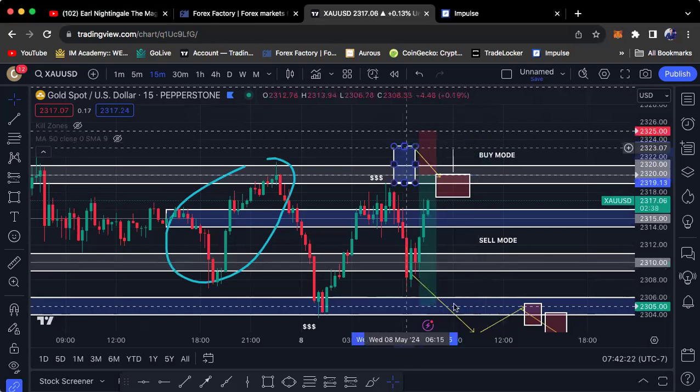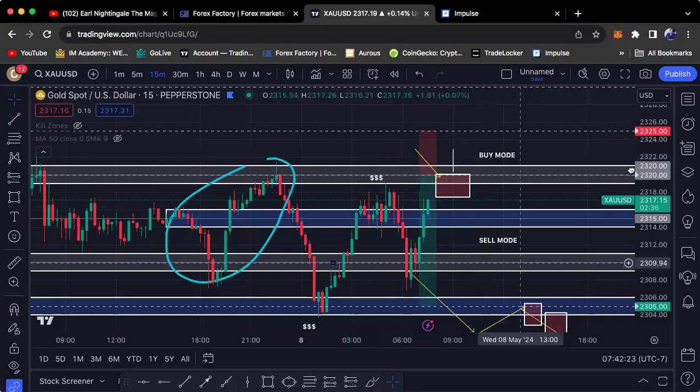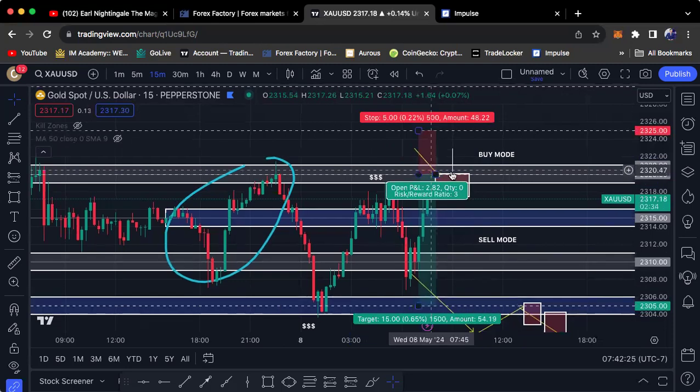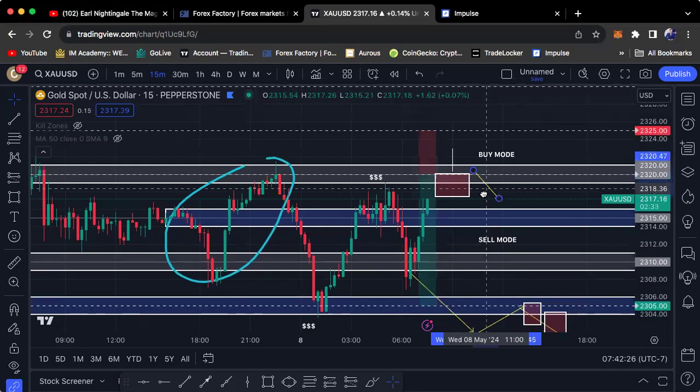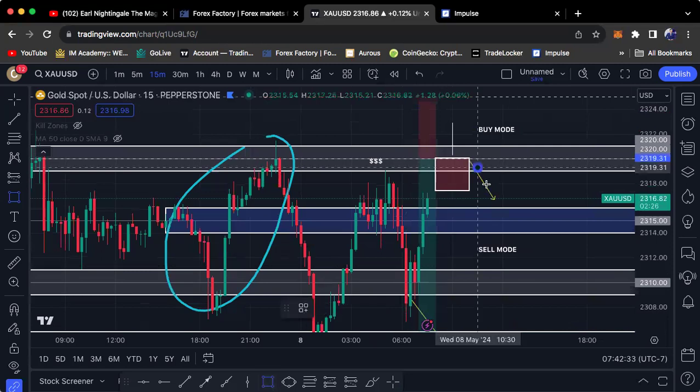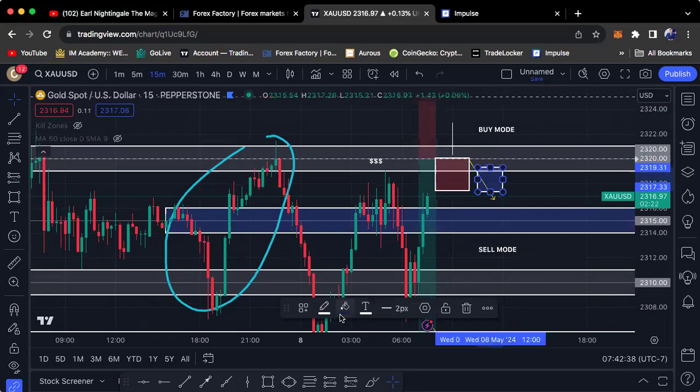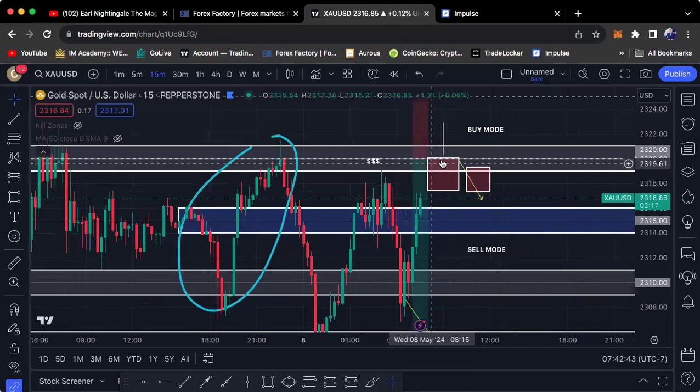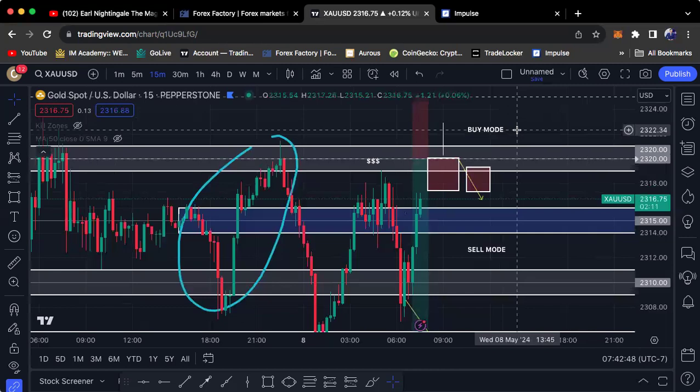But if it doesn't happen, and it creates a bearish candle, and then it gives you another bearish candle, okay, then that's a confirmation for a sell. You can either enter at this right here, or wait for the next bearish candle to form and enter right here. Okay.